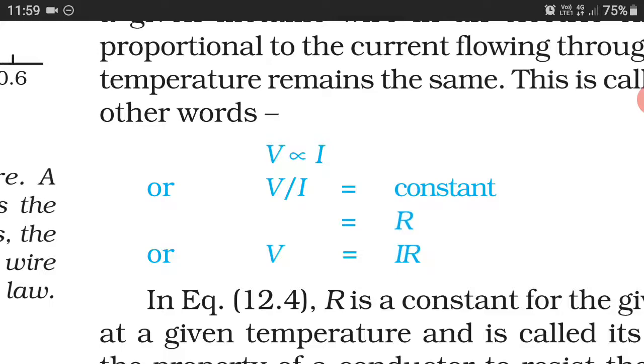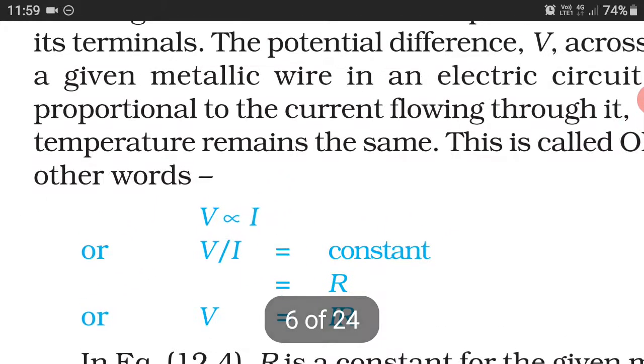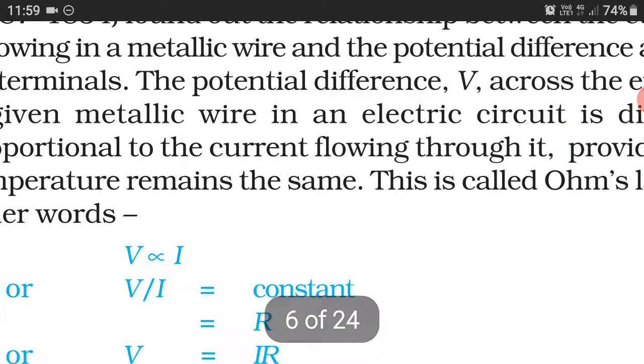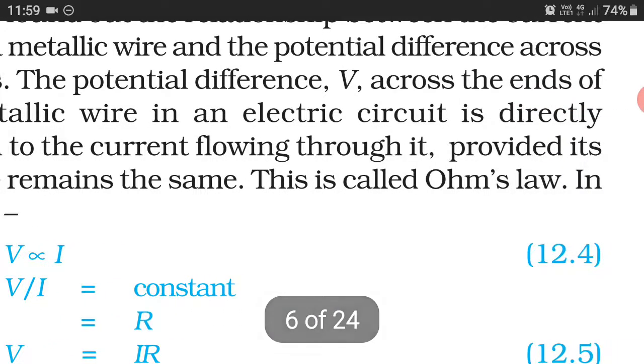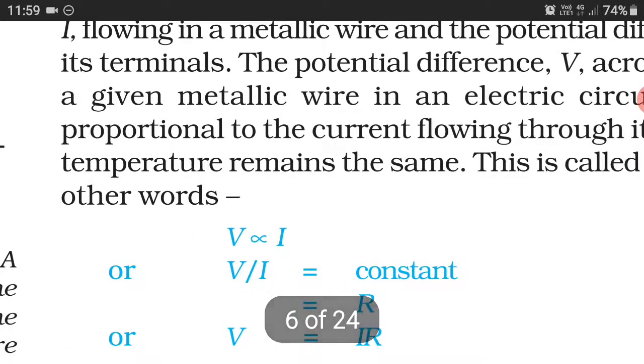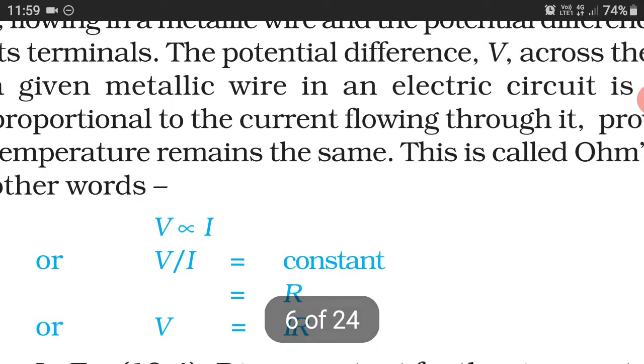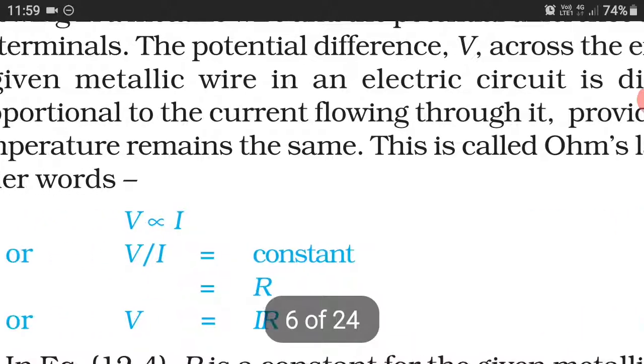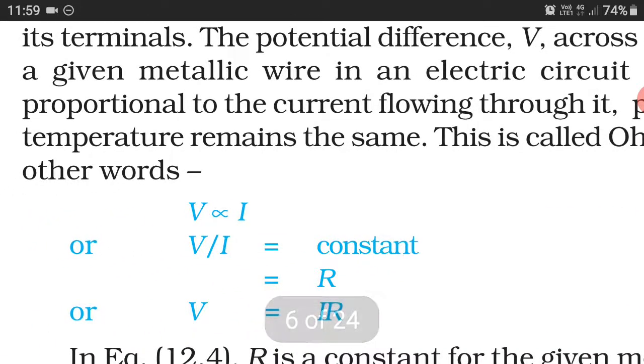So this is known as Ohm's law, as you can see in the NCERT also: the potential difference V across the ends of a given metallic wire in an electric circuit is directly proportional to the current flowing through it. Of course, the temperature should remain constant during that time.